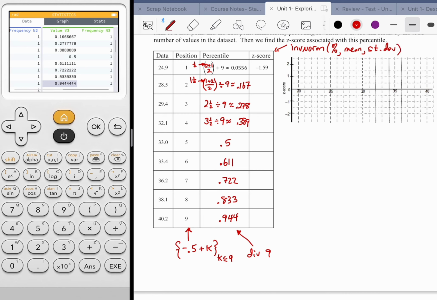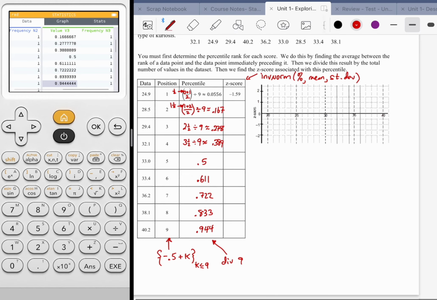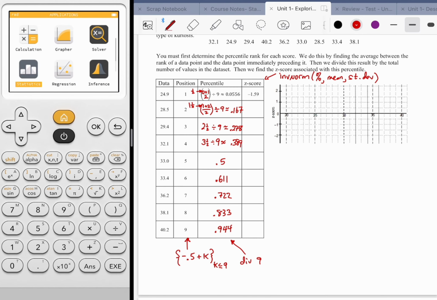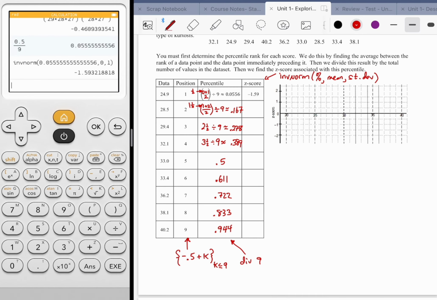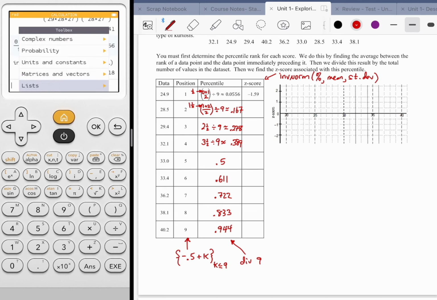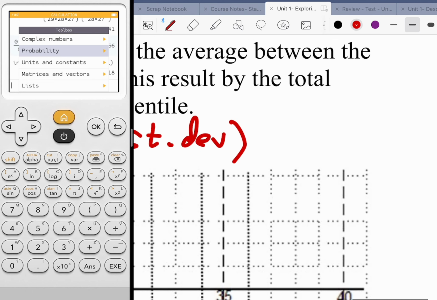It's also in your toolbox. So I'm just going to go out to the home screen here real quick. I have it up from before, but if you go to your toolbox, you've got to backtrack a little bit, but you're going to go to probability. So let me just zoom in real quick here.